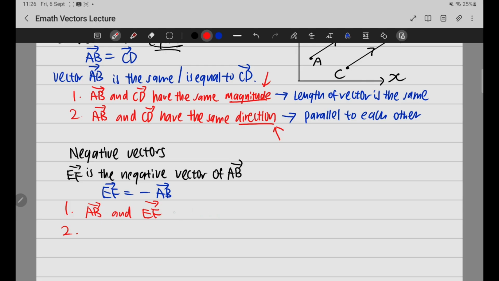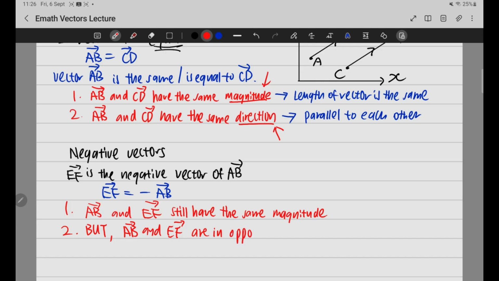still have the same magnitude, because magnitude is dependent on the length of the vector, and in this case the length of the vector never changes. So they have the same magnitude, but AB and EF are in opposite directions.